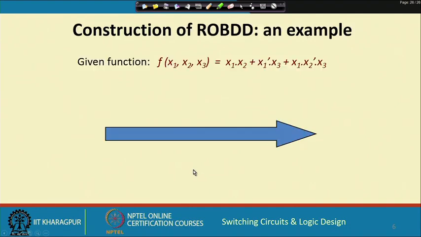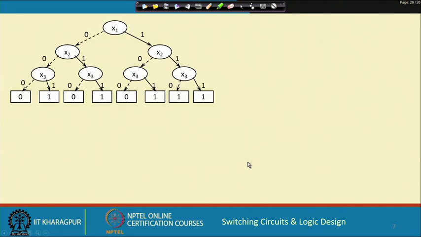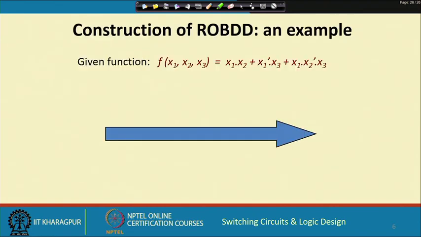Let us take a complete example for constructing the reduced ordered BDD. We consider a function of 3 variables like this. If you use the method for constructing BDD that we discussed earlier, you have the function here.